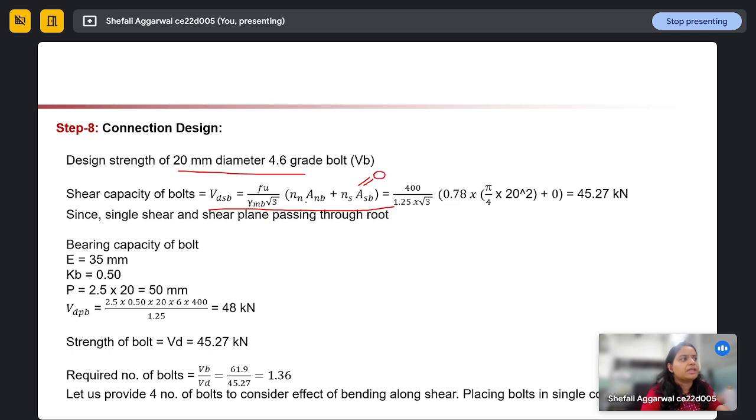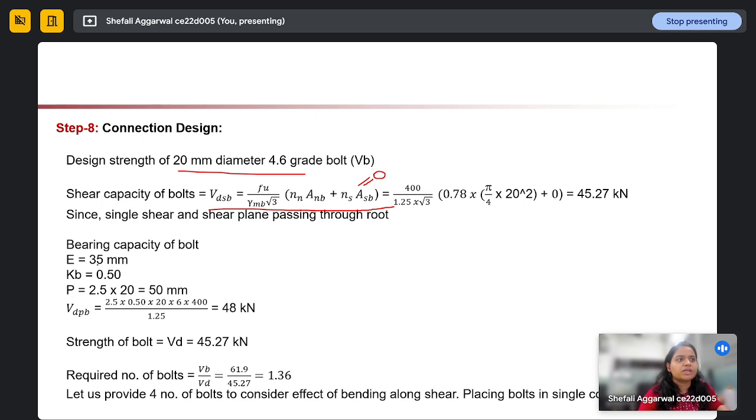So only Nn, An and B will be considered since a single shear is there. Using all the formula, Fu is given to us, gamma mb is given to us, and then Nn is 1 and An is 0.78 into pi by 4 d square. So this will give us the shear capacity of our bolts.